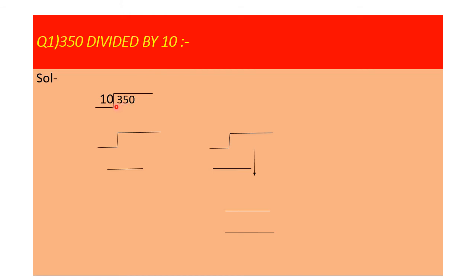Okay. And when you divide 35 by 10, what will you get? For that you need to read the table of 10. So we already know that 10 threes are 30. Right.